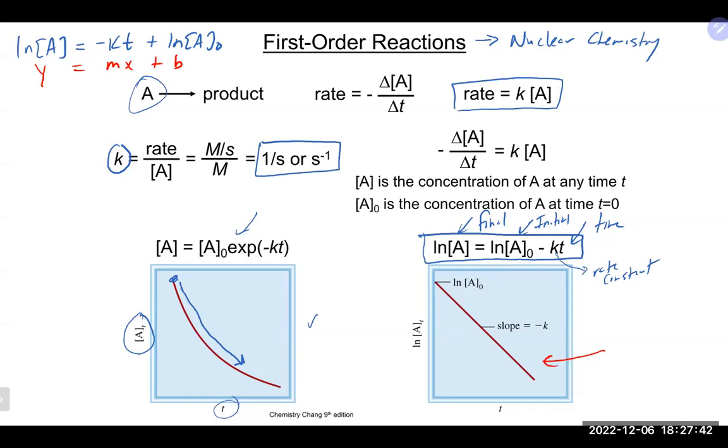That is why we graph the natural log of A as y, and x is time. If you do that, you get a linear relationship where the slope of that line equals minus the rate constant. So graphically, if you had the numbers, you could graph it, get the slope of the line, and it should give you a linear relationship if you're dealing with a first order reaction. You can use that to figure out the rate constant.